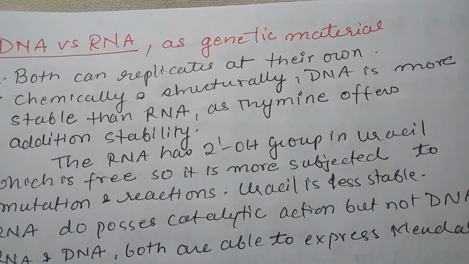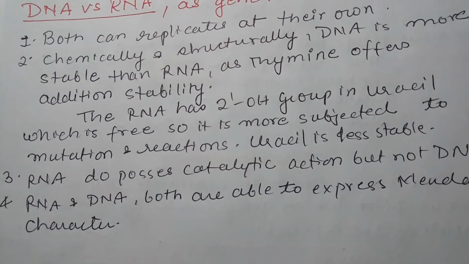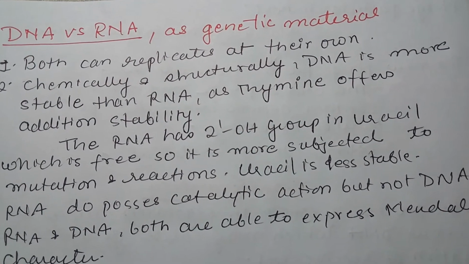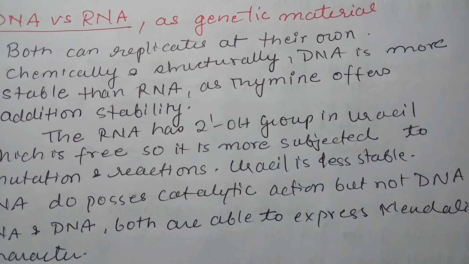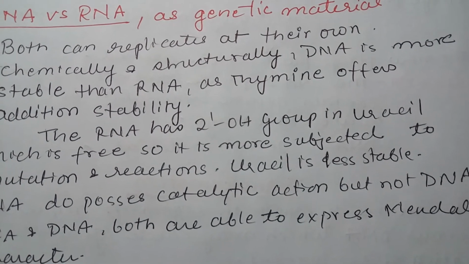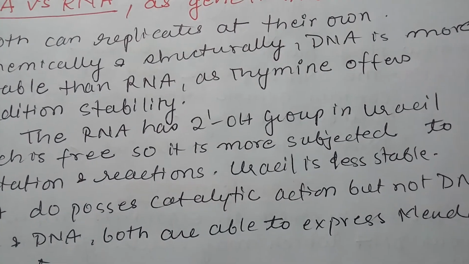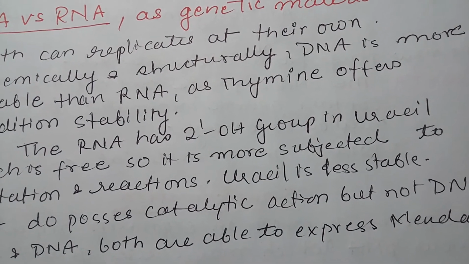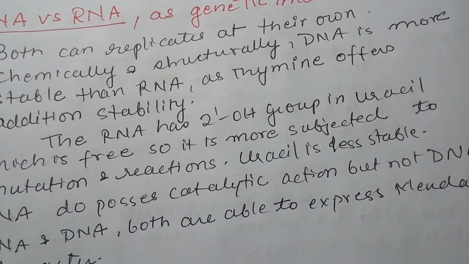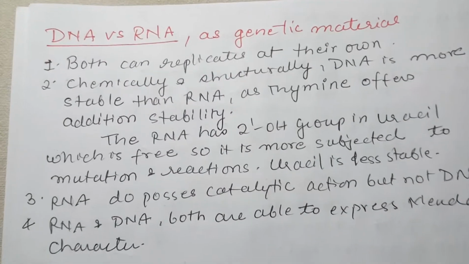Whereas RNA consists of ribose sugar, in which the 2' OH group is free, and this is subjected to many reactions and even mutation. Since viruses have RNA, they have a high mutation rate also, and this can easily be subjected to various reactions. Even some RNAs are catalytic in action, so the stability of RNA is poor as compared to DNA, and moreover they don't have the double helical structure.